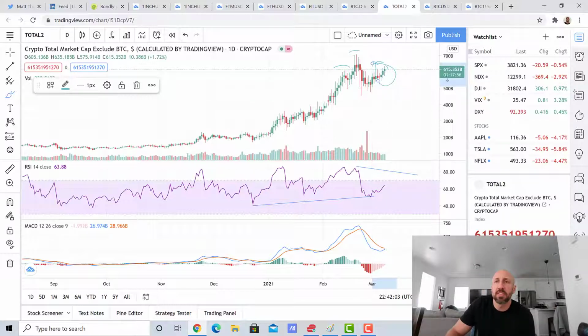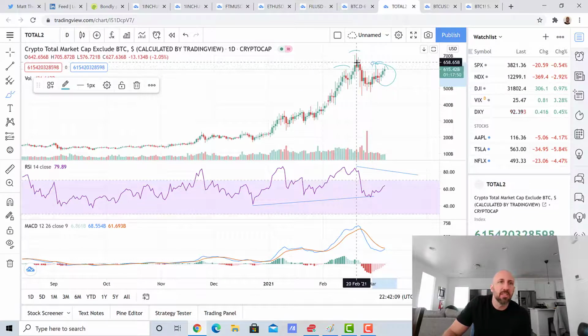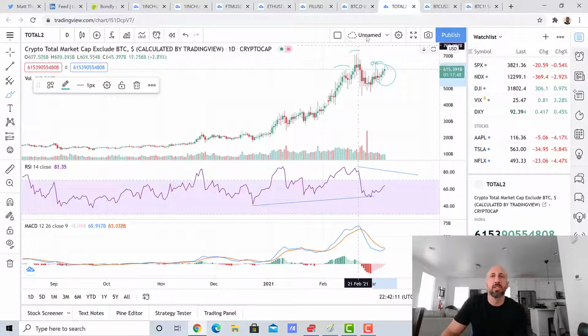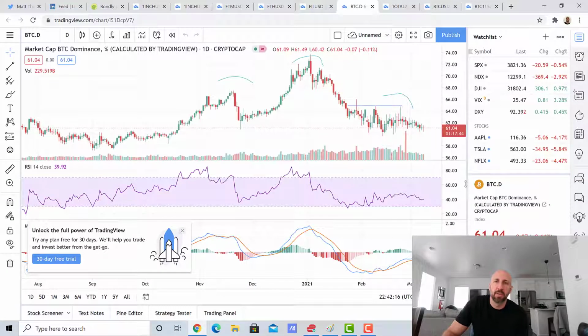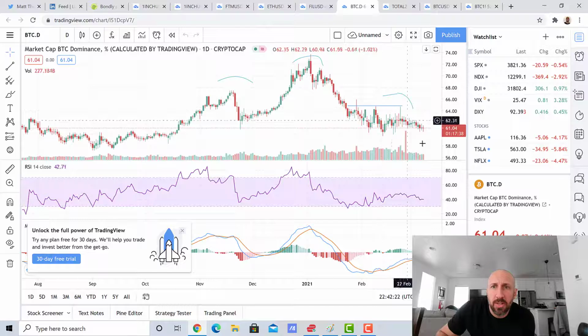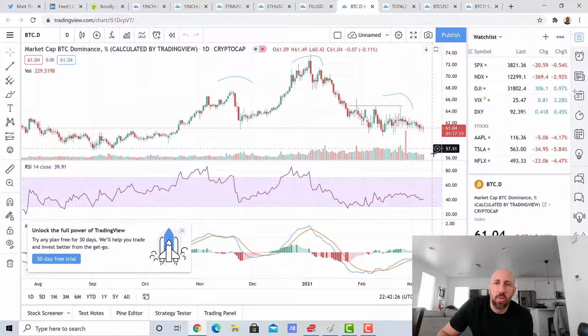You can see we've had a significant rise back up to $615 billion, and the all-time high was at $705 billion. So that's a good sign that we're moving up, and the Bitcoin dominance chart is moving down, right? We've been hanging out in this range for so long, but look at this downtrend starting to form. 61.